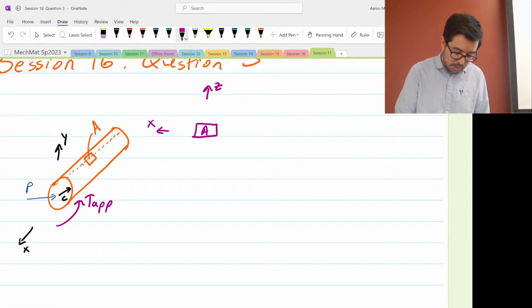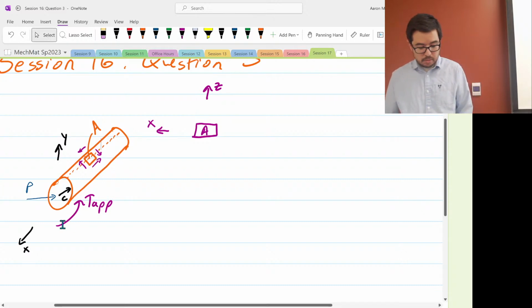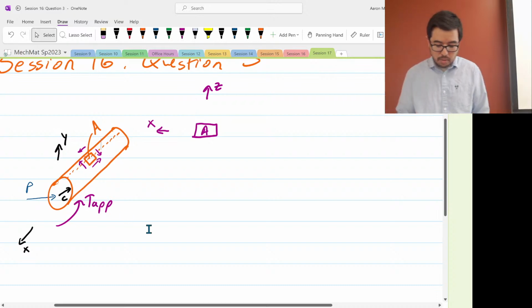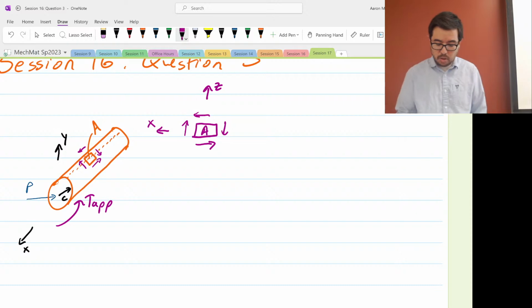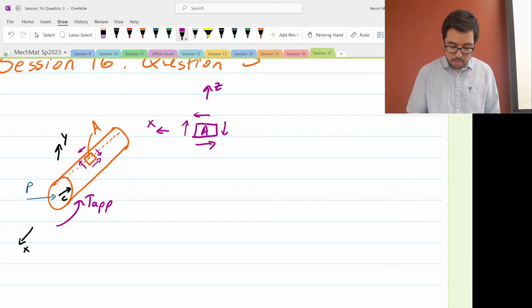That's going to be kind of twisting it this direction, like this. Okay, from the T-app. All right, so this T-app, so I've got one component that is going to be, at least the way this is drawn, okay, it's going to be like this. And this, so we can say this is the tau. It's like a tau, but it's like a negative xz, all right? Like that.